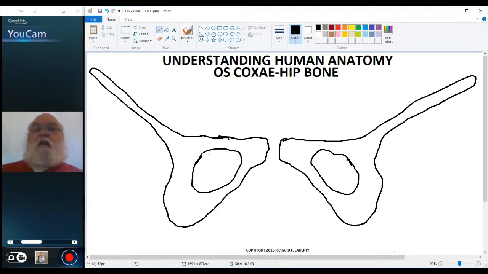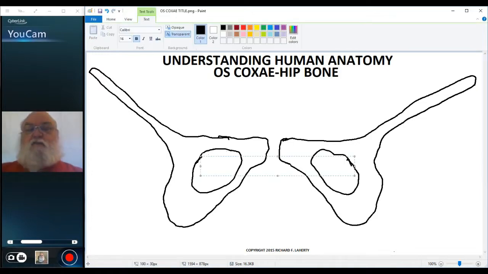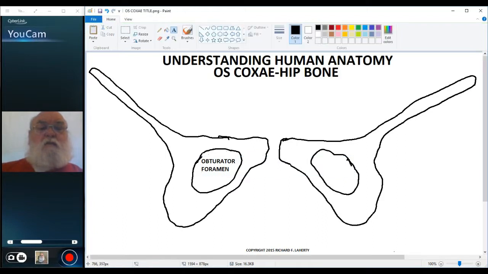So let's label the parts that we have already here. So we have the obturator foramen, and we'll label it in on the other side here as well.